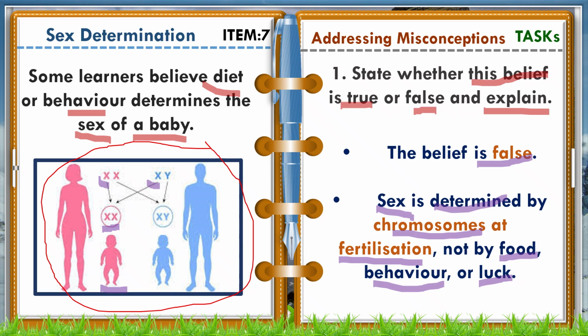But if the X chromosome and the Y chromosome combine together, we shall get a combination of XY, and this one will become a boy child. So that's why we are saying that sex is determined by chromosomes at fertilization, not by food, behavior, or lack thereof.